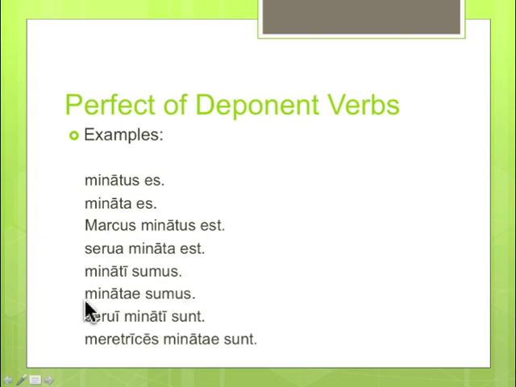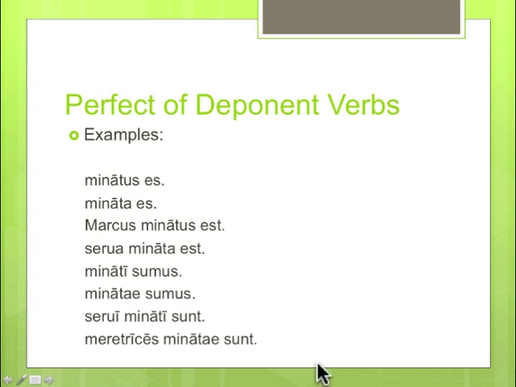But if we were a group completely of women, we would have to say minatae sumus using the feminine. In the third person plural, you would say servi minati sunt to mean the slaves have threatened or threatened because the slaves are masculine. But if you wanted to say the prostitutes threatened or have threatened, you'd have to say meretrices minatae sunt using the feminine because meretrices, prostitutes, are feminine.